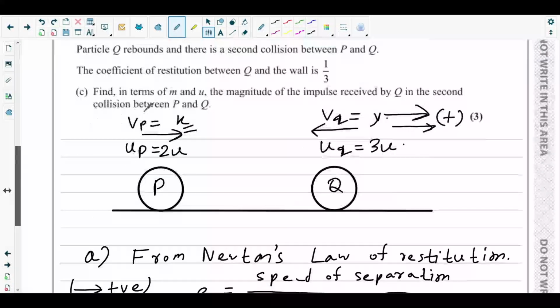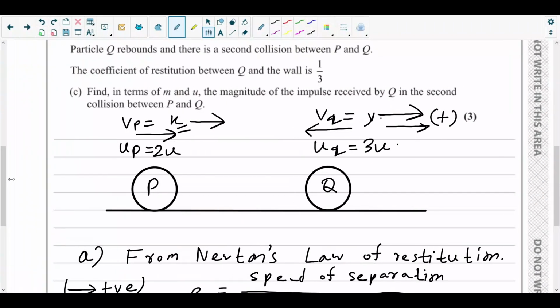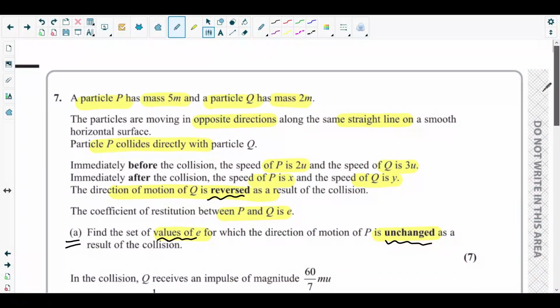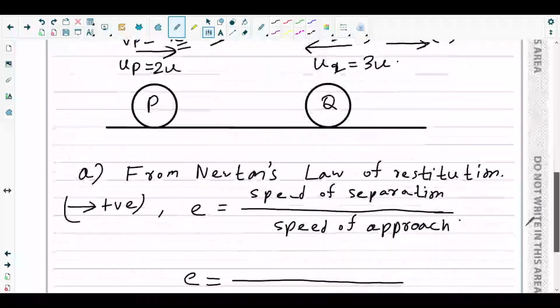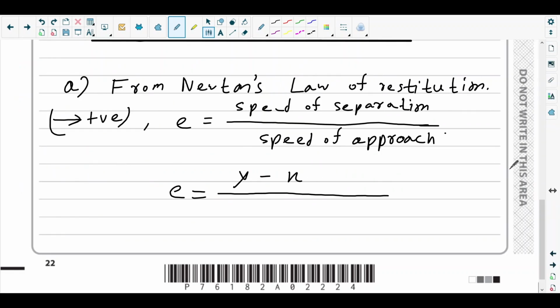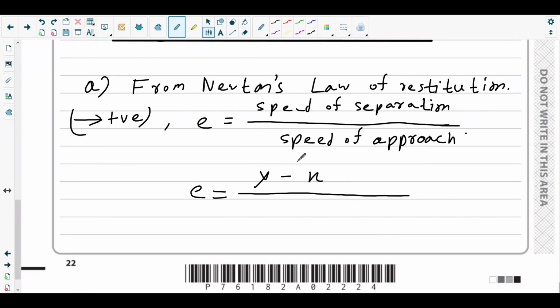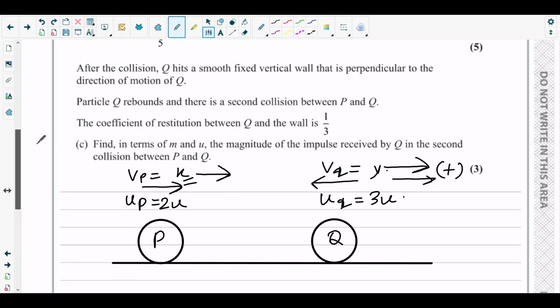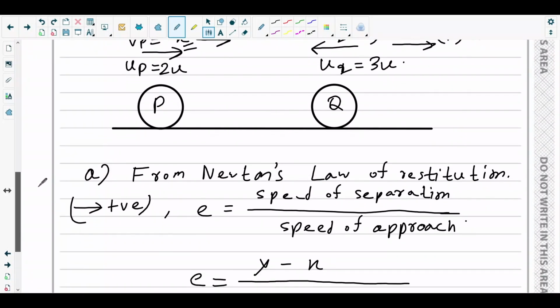That means particle P should also move along the positive direction. That's why in this case, the speed of separation would be y minus x, because they are moving along the same direction.